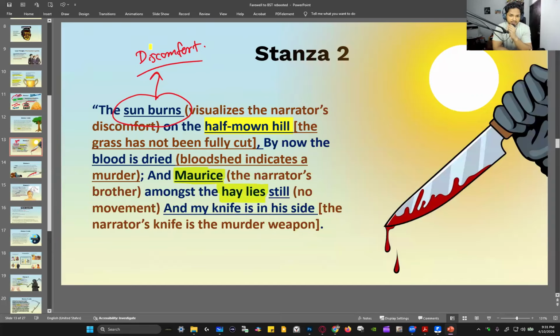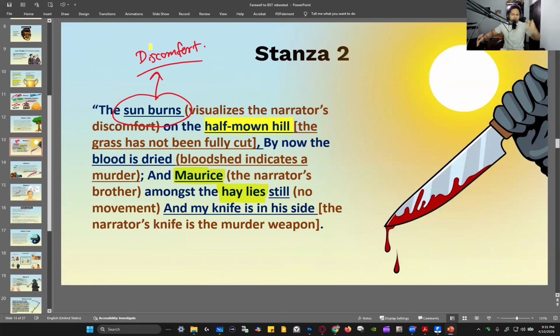Is he sleeping? Because it's too hot? No, he's dead, right? Maurice has been murdered. Who murdered Maurice? The narrator. Have you ever wanted to murder your brother, Sadinsa? Definitely, exactly. So the narrator has actually murdered his brother, Maurice.